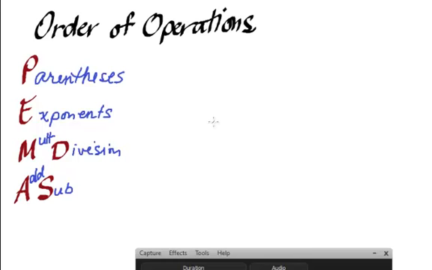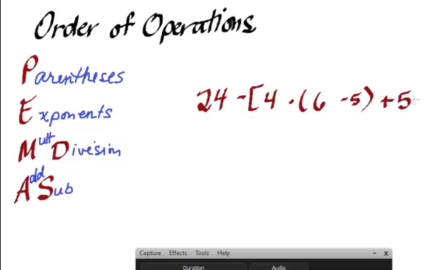The next problem that we're going to do, we're going to look at 24 minus 4 times (6 minus 5) plus 5, and then we have a bracket. A bracket is just another form of parentheses. So we actually have a couple of parentheses in this problem.